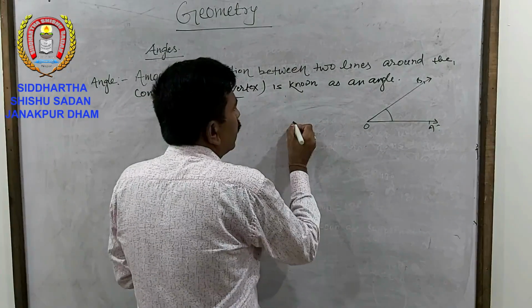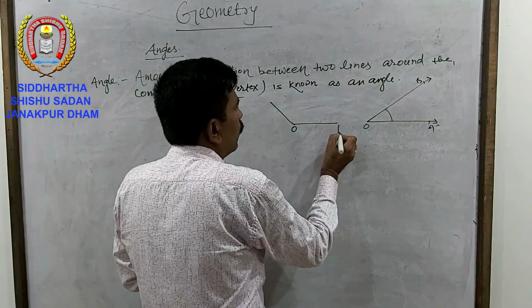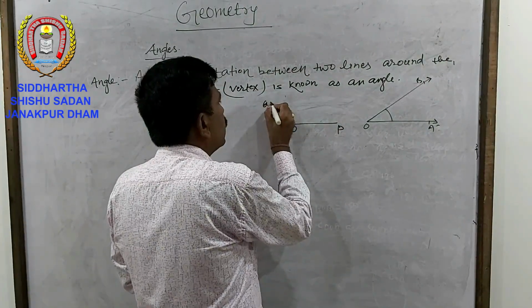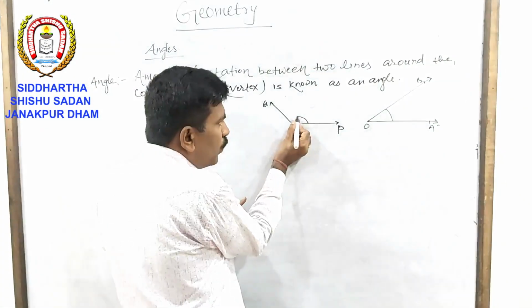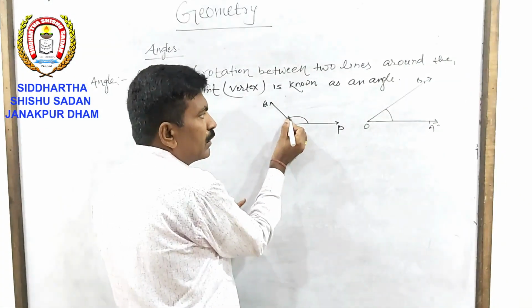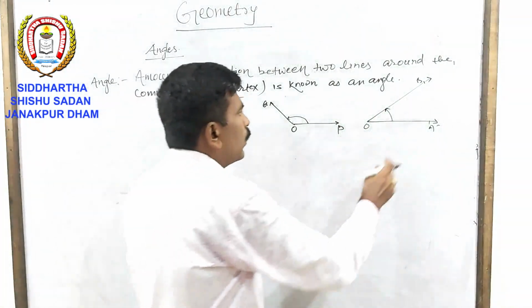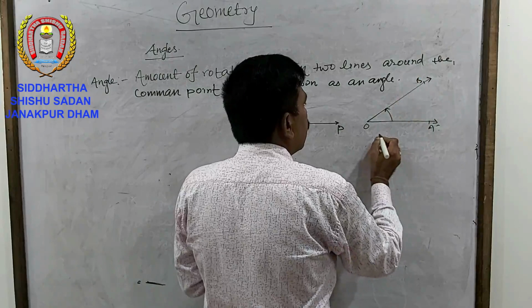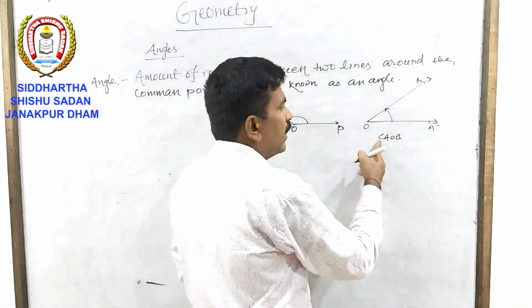Now this is another example we can take here. Here is O, P and Q. Now see, this much amount of rotation is called angle. That means AOB, this is the angle sign.